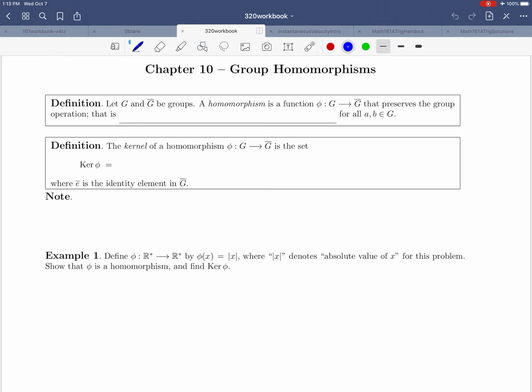A group homomorphism is also a function phi from G to G bar that preserves the operation. It doesn't have to be one-to-one and it doesn't have to be onto, but it does have to preserve the group operation. And so we still have that phi of AB is equal to phi of A times phi of B.